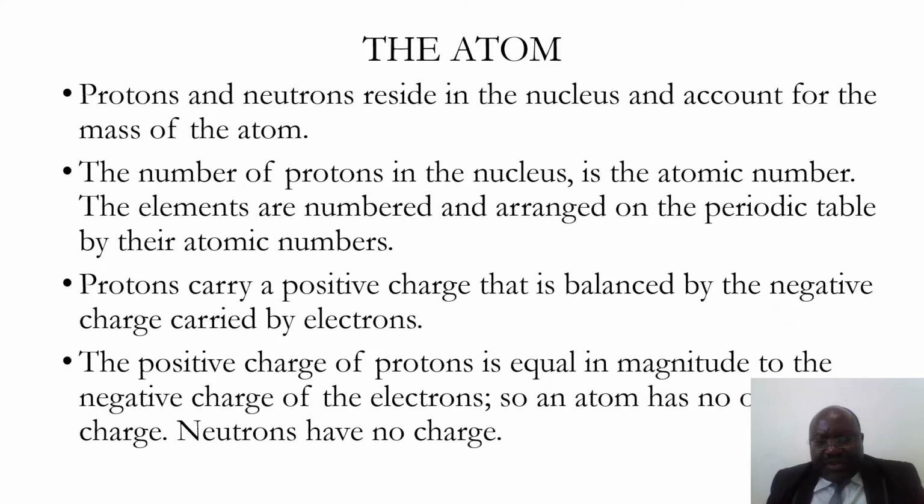Sometimes the total number of protons and neutrons is referred to as the mass number. The number of protons in the nucleus is the atomic number. The elements are numbered and arranged in the periodic table by their atomic numbers.